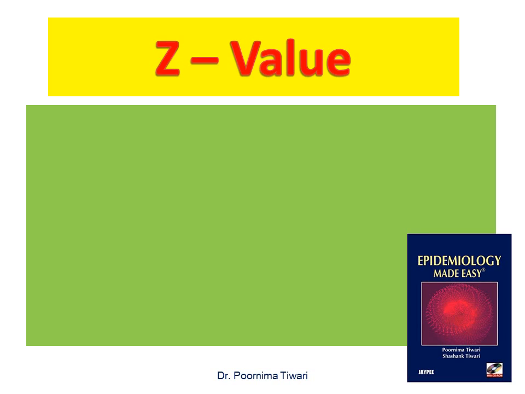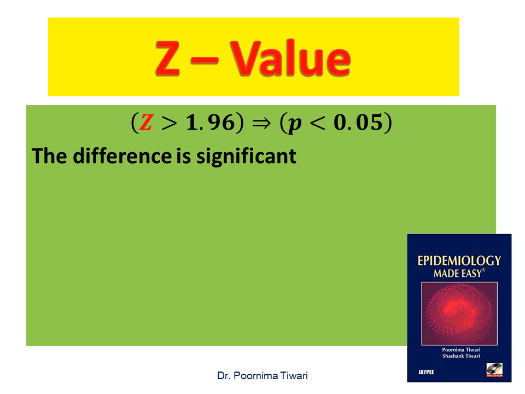What is the significance of Z value? The importance of Z value. If the calculated Z value is more than 1.96, it automatically implies that the P value is less than 0.05, and hence the difference is significant.